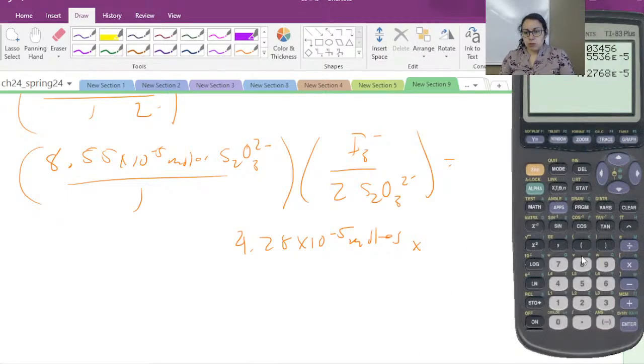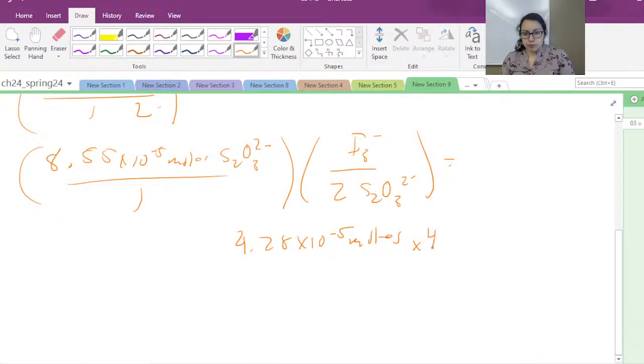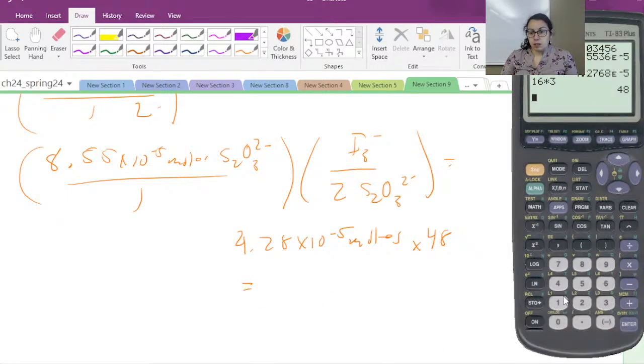And so ozone's molecular weight, 16 times 3. I did some rounding. And so now let's take our moles and multiply it by our molecular weight.